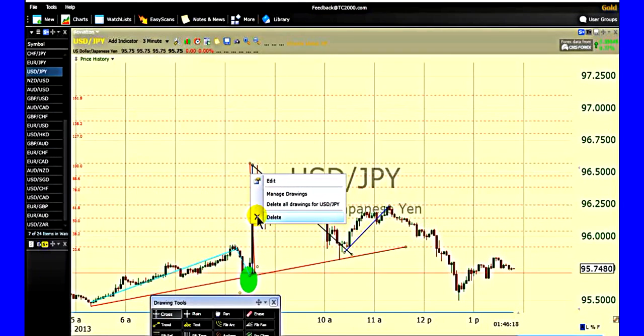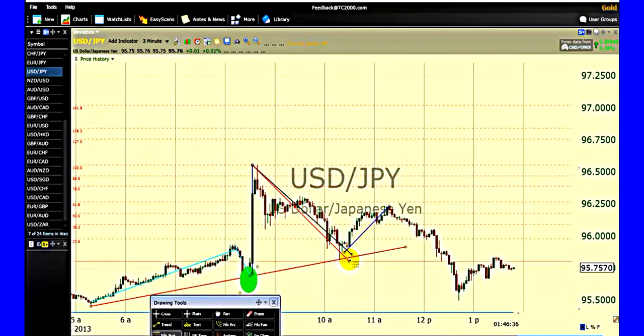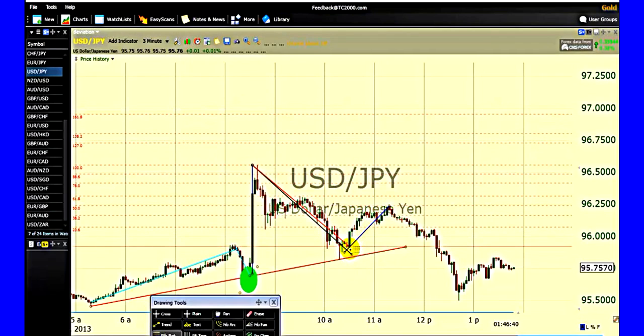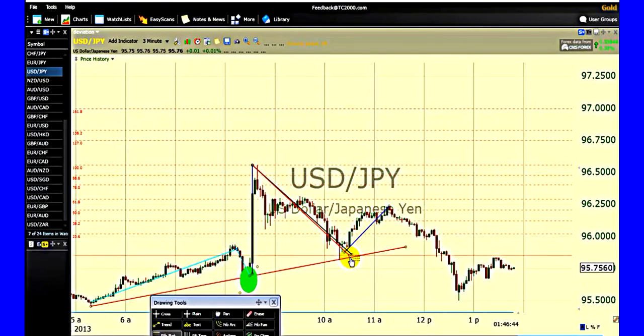What I want to do now, because we see the USD yen came back and touched the red line and went up, is to know how far it went up before changing direction. After touching it here, we want to know how far it went up by using the Fibonacci retracement tool from here down to this level here. I will be a bit more conservative and bring it to the line.